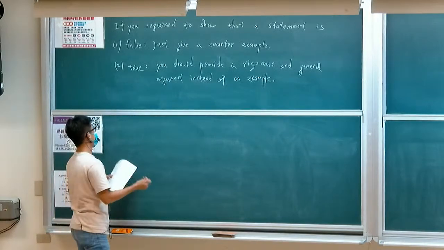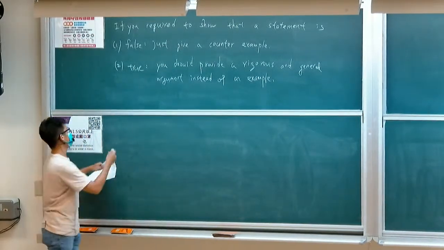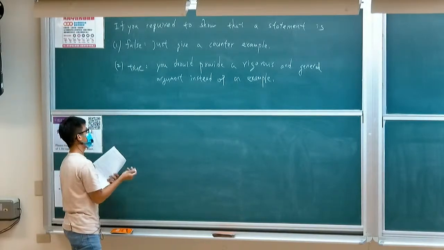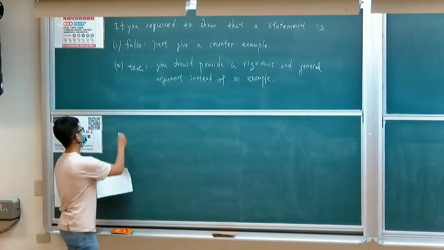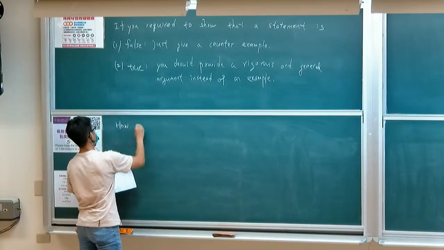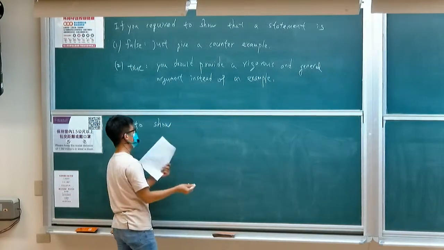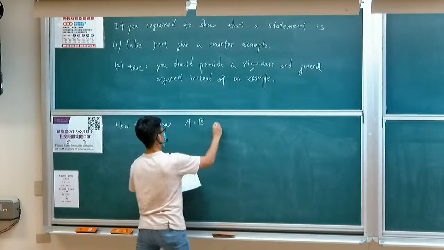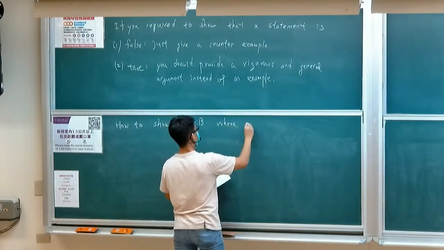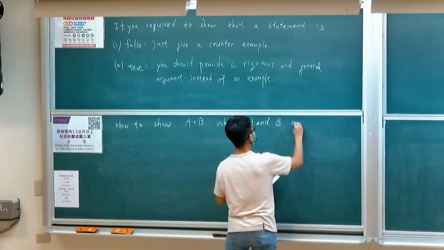Then in most quizzes, you will be required to show the relation of two sets. So how to show, say, that two sets A and B are equal?